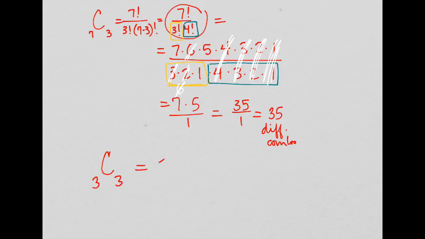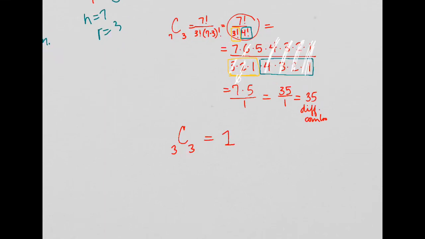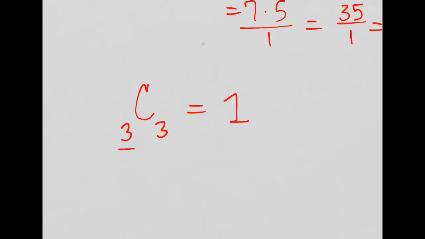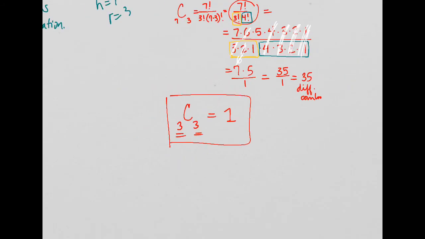And order doesn't matter, so how many combinations did I say I had with my ABC? I just had 1. Anytime the number for a combination is the same here, it's going to equal 1, no matter what you do. Okay? Now, most of ours aren't going to be that way, but if you see the same thing, hey, just 1. It doesn't matter how many you have. If you're taking them all, there's only one way to combine them together into that one group of everything, because the order doesn't matter.